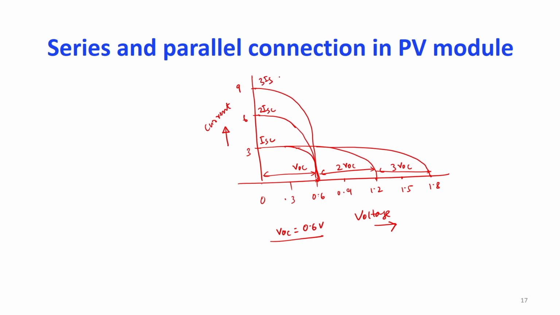That means, 3 modules are connected in parallel. This is parallel and this is series. And we can also see something like if you have this module, this is one module and this is one module. So, these are connected.